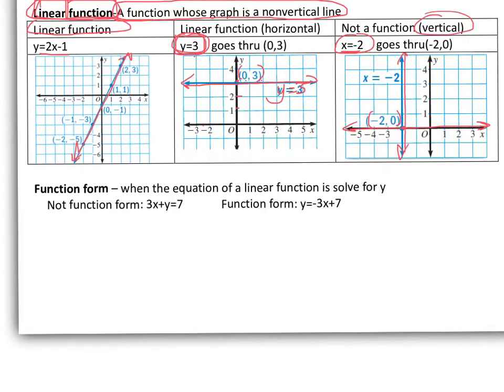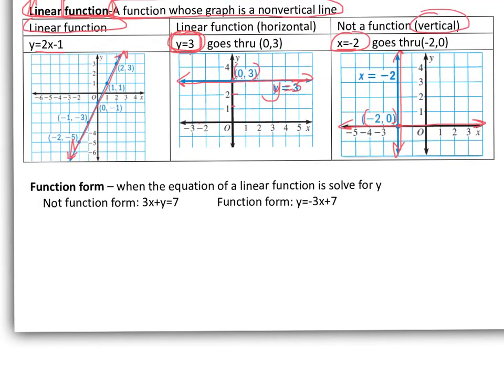And by the vertical line test, it's very obvious that this equation of the line is not a function. So this is not a linear function. So this is a function, not a function. Fn for function.